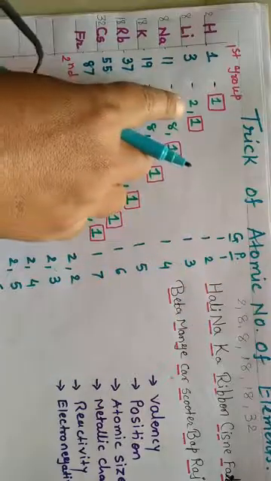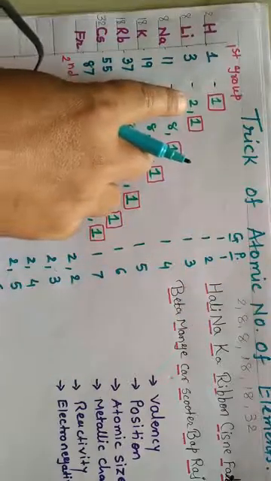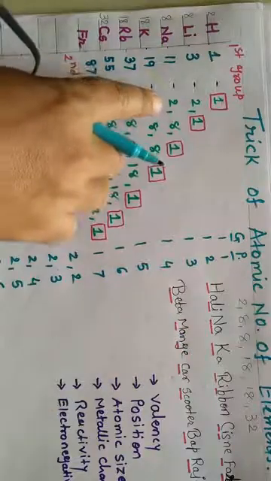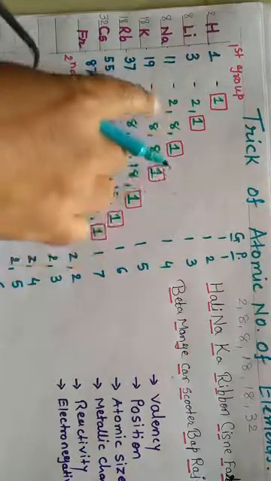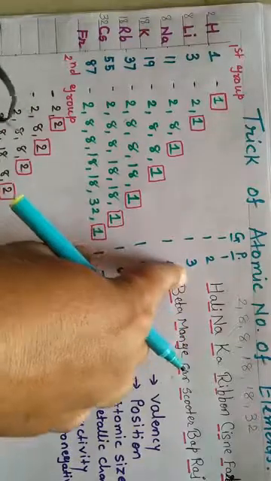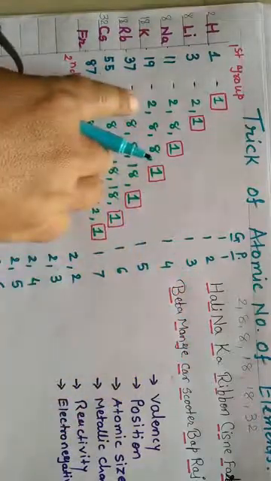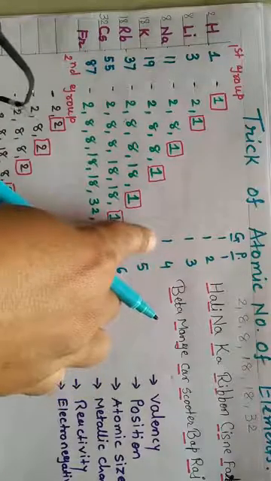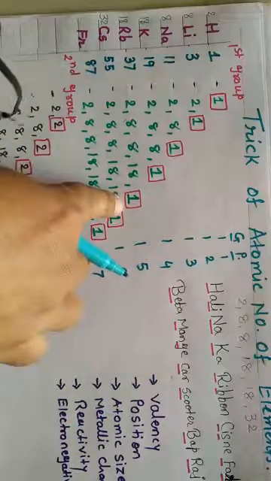For lithium, the electronic configuration is 2, 1. So again first group, and the number of orbits is 2. For sodium, 2, 8, 1, that means 3 orbits are there. So group is 1, period is 3rd. Then for potassium, it's 4 orbits. So first group, 4th period. For rubidium, 5 orbits.